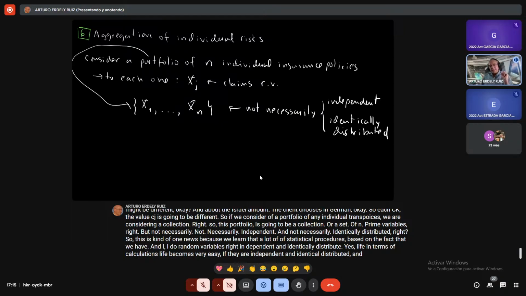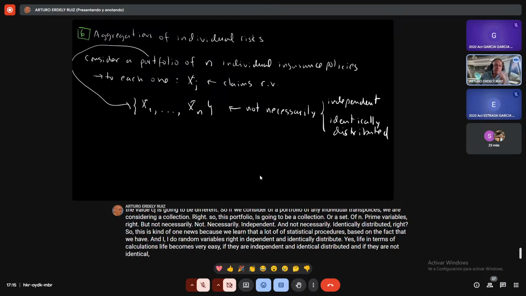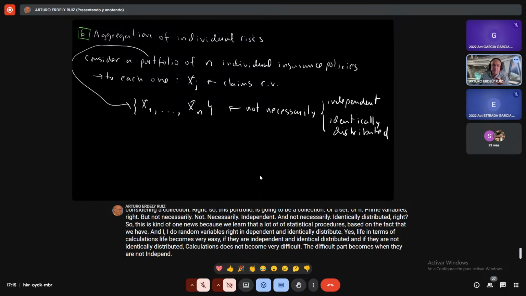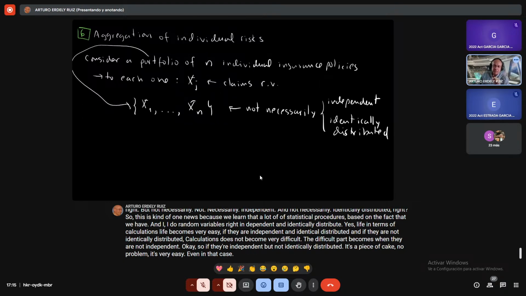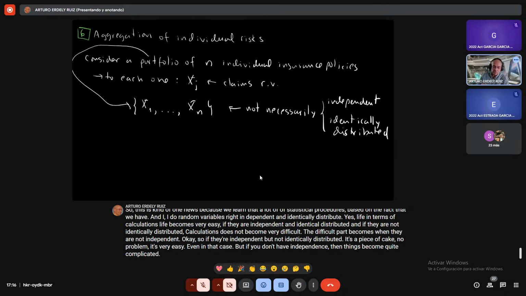And if they are not identically distributed, calculations do not become very difficult. The difficult part becomes when they are not independent, okay? So if they are independent but not identically distributed, it's a piece of cake. No problem. It's very easy, even in that case. But if you don't have independence, then things become quite complicated, right?